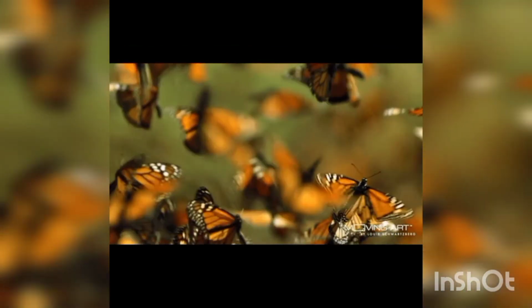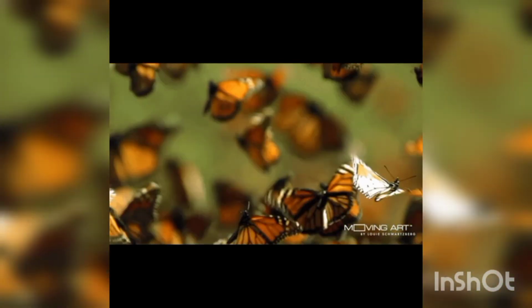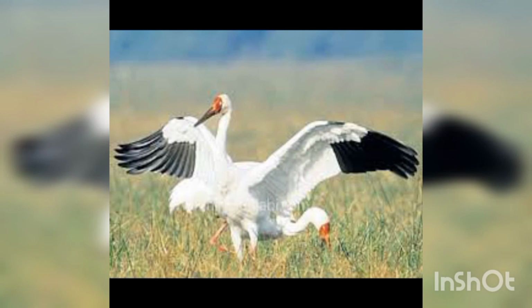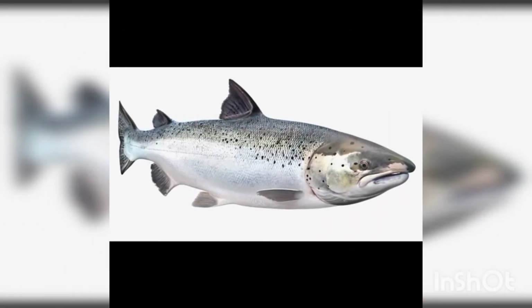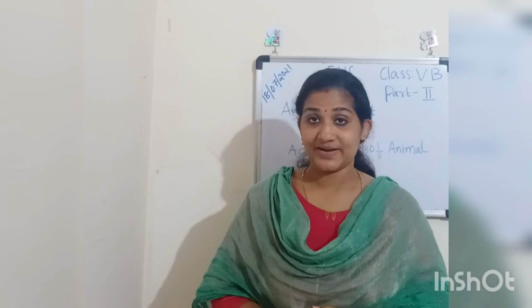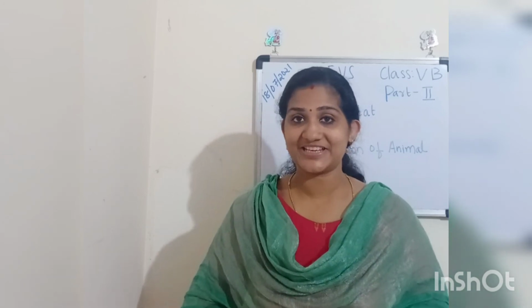Some insects such as monarch butterfly migrate during winter from Canada to Mexico. Siberian white cranes or snow cranes migrate to India during winter from western Siberia. Salmon, a type of fish, migrate from the sea a very long distance to lay their eggs in rivers. So this is migration. Children, now you know all about migration.